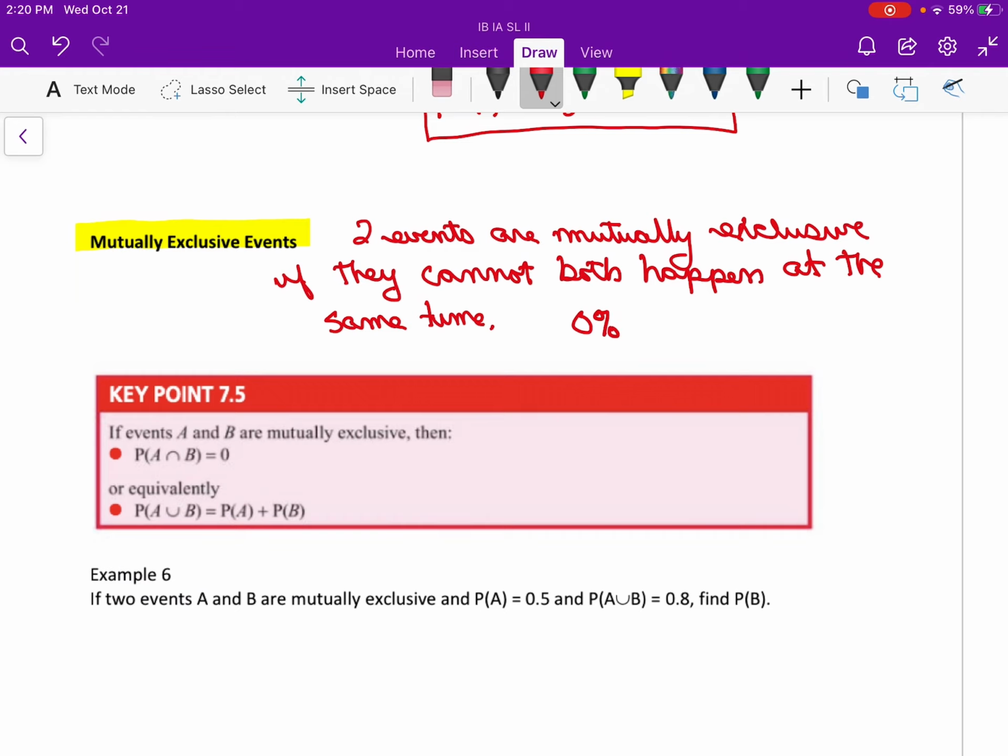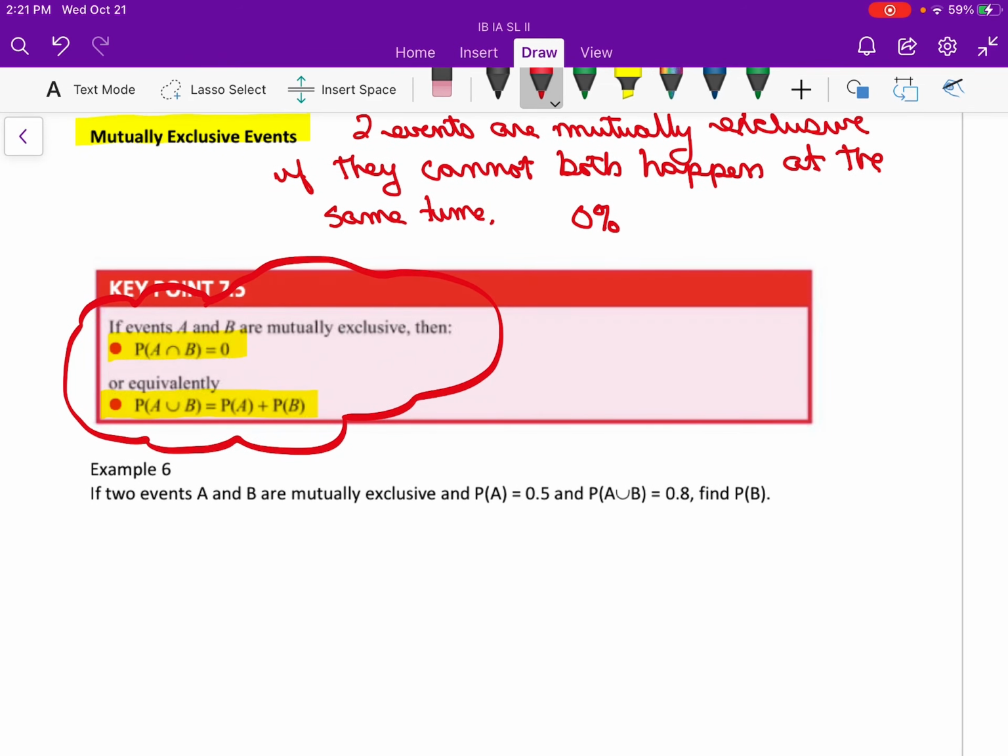All right, so that's exactly what this says here. If events A and B are mutually exclusive, then their intersection is 0, because they cannot happen at the same time, and their union would just be whatever the probability of A plus the probability of B is.